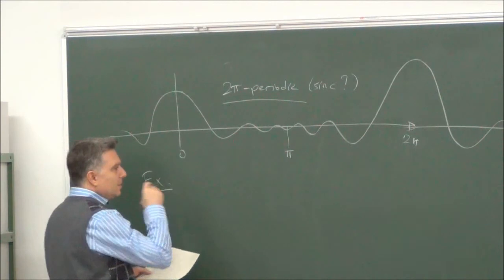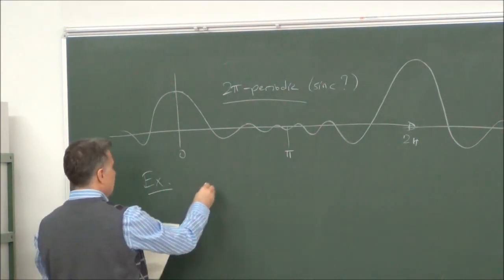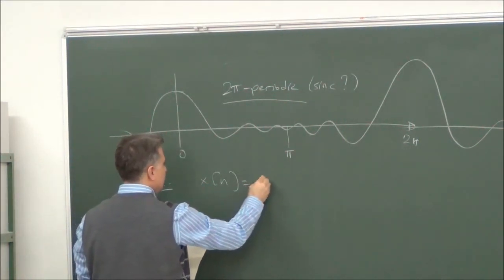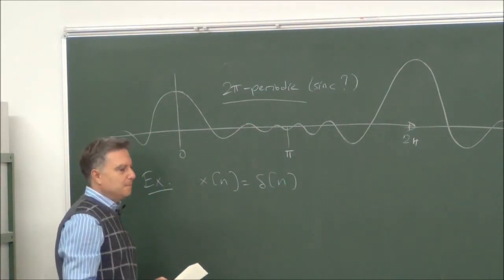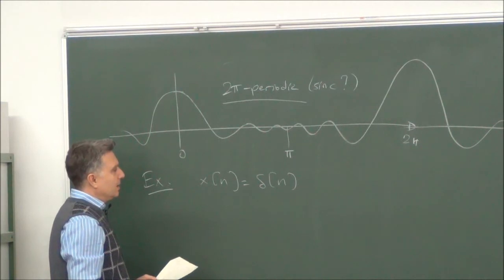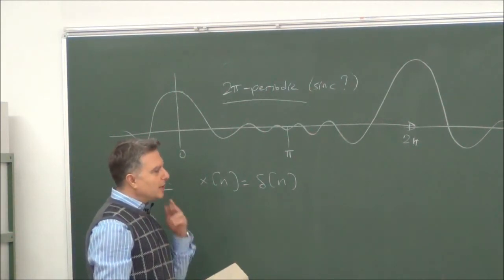Okay, now the next example is another quite typical one. It is an impulse in the center, delta n. The Fourier transform of delta n is what?